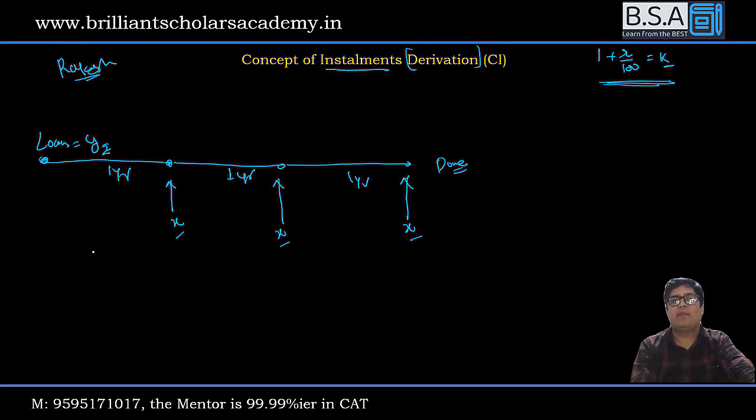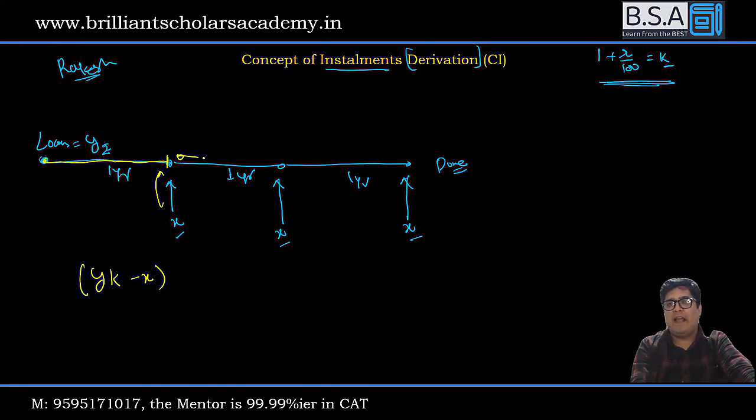Please observe. When somebody has a loan of Y rupees, by the time that loan reaches here, it has been on for 1 year. So the value of the loan increases by K. Somebody makes a deposit of X rupees, so the loan decreases. This is why it is called reducing balance. The loan has decreased by X rupees. This is the balance loan.